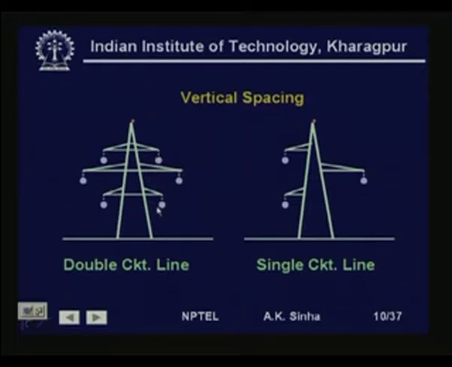This again reduces the inductance of the system. Sometimes when the load on the system has not grown, we use a single circuit line, but with a tower which can be expanded to take care of a double circuit line when the load builds up.